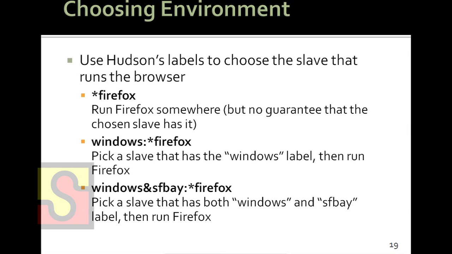If you have something like that, then you could specify that you want Firefox on one of the slaves that have the Windows label. In this way, you can control where the browser starts at a more fine-grained level.